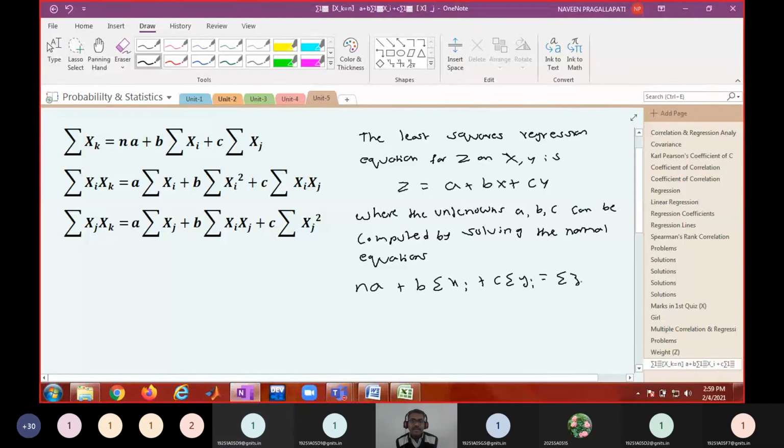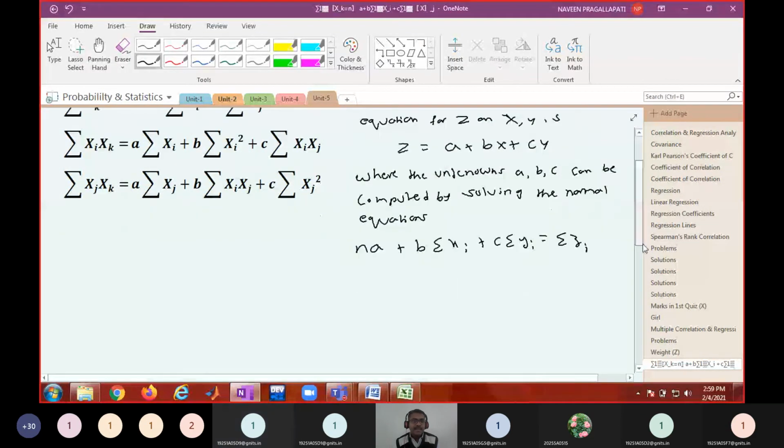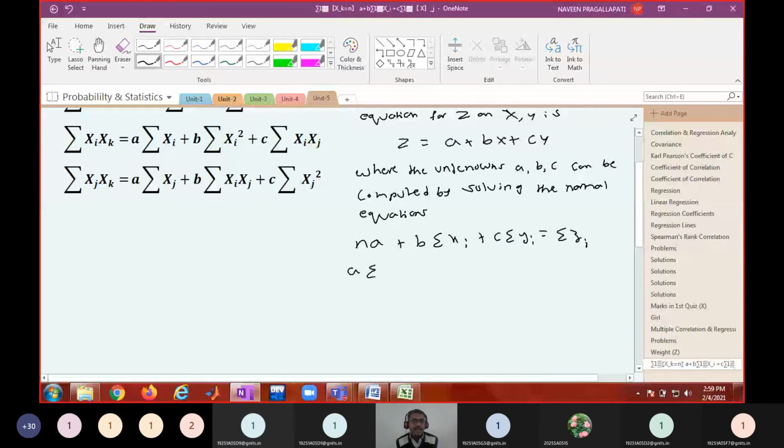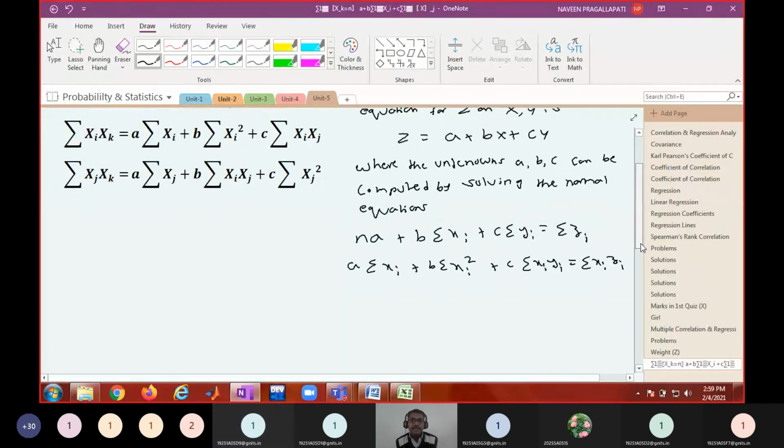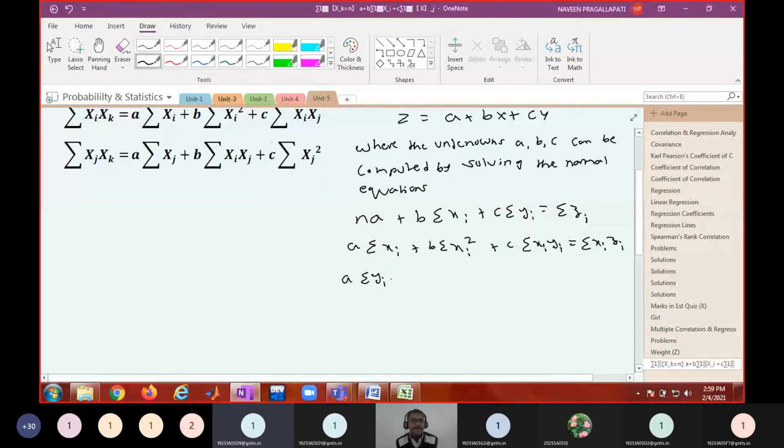Next, sigma xi zi equal to a into sigma xi plus b into sigma xi square plus c into sigma xi yi. Next, sigma yi zi equal to a into sigma yi plus b into sigma xi yi plus c into sigma yi square.